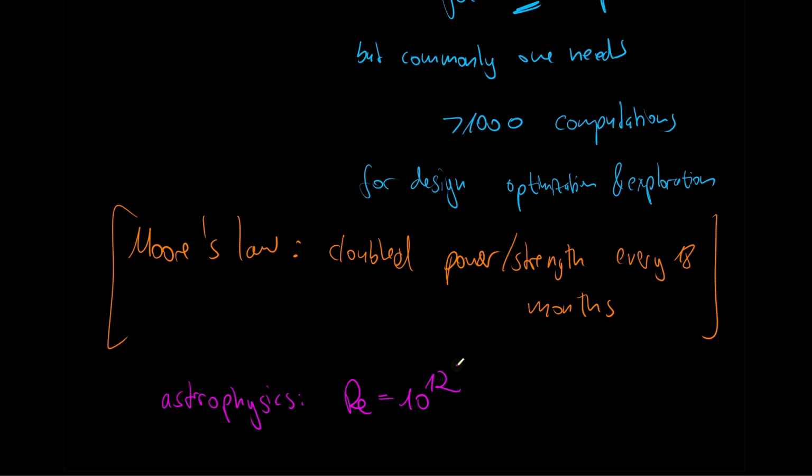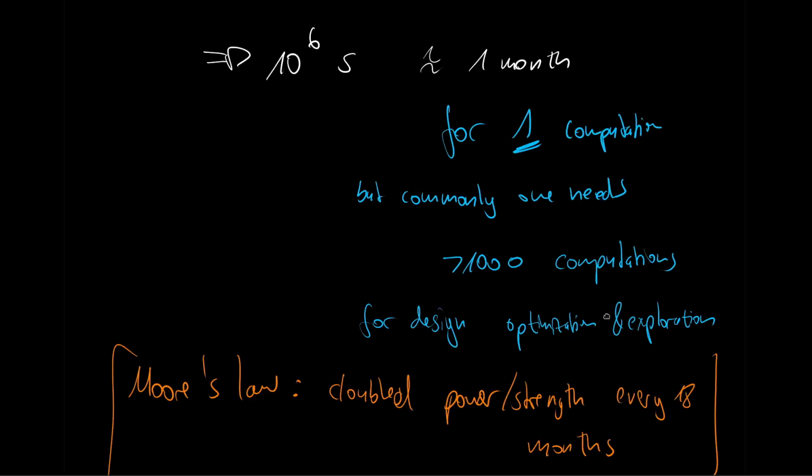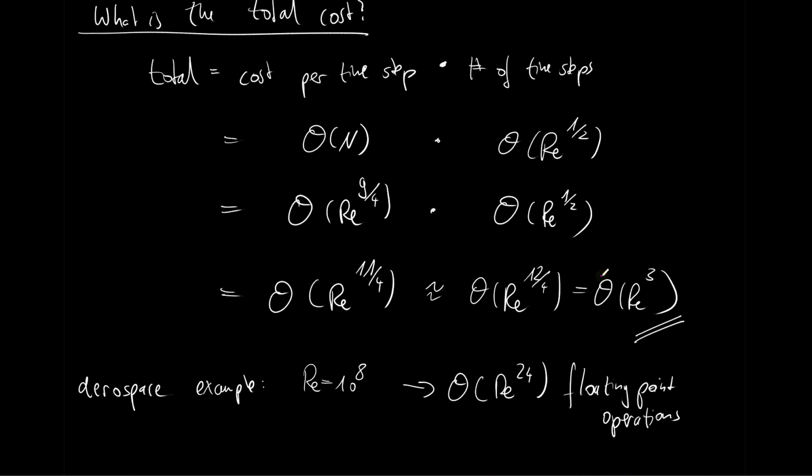And if you want to, for instance, simulate the collision of galaxies or something like that, you easily run out of the resources we are expecting to have in the next 100 years, at least for classical computing. I hope this was an interesting insight using these Kolmogorov scales. And maybe the really important finding you should take away here is that for direct numerical simulations, the cost of the computation scales with the Reynolds number cubed.